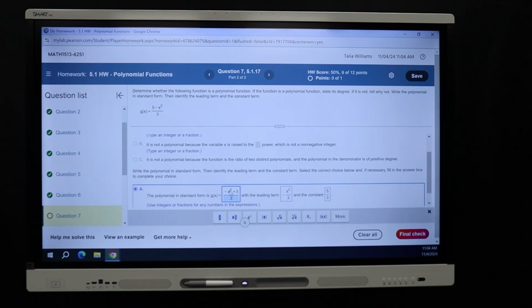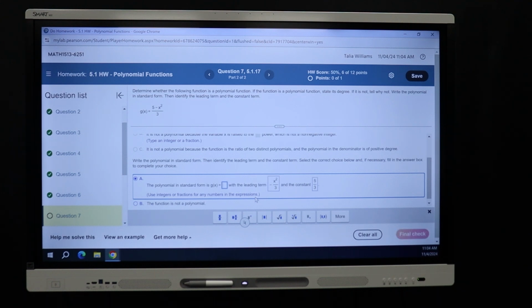How did I want it written? I got one more thing I can try. Negative x squared over 3 plus 5 over 3.